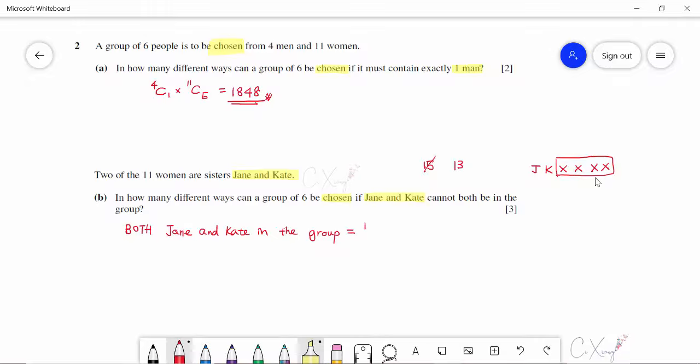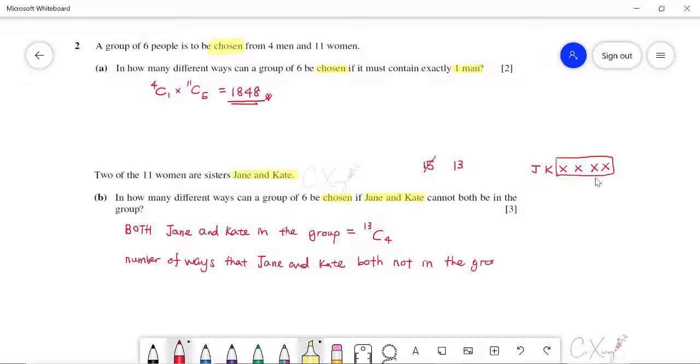So it will be 13C4. You want to choose four persons. Okay, and then the number of ways that Jane and Kate are both not in the group.